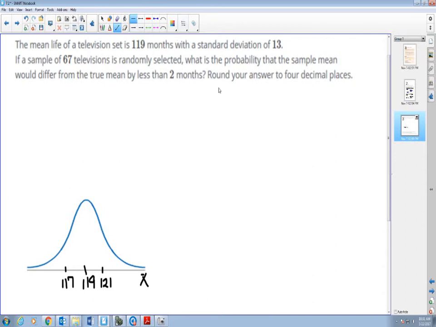So the area to the left of 117 is right here, right?